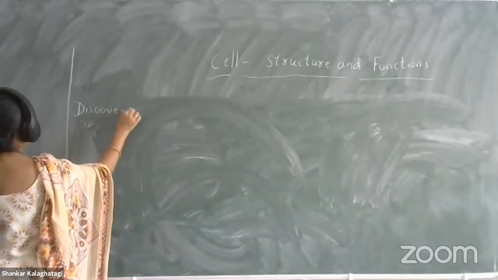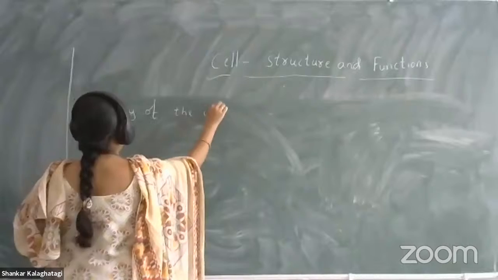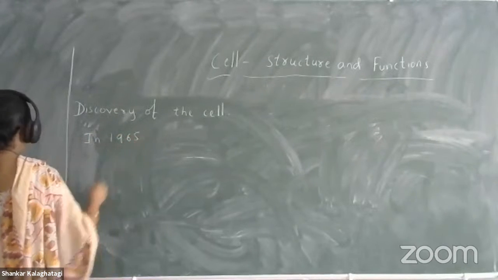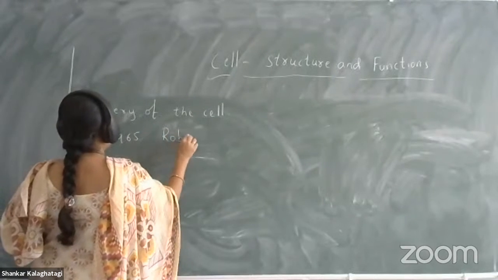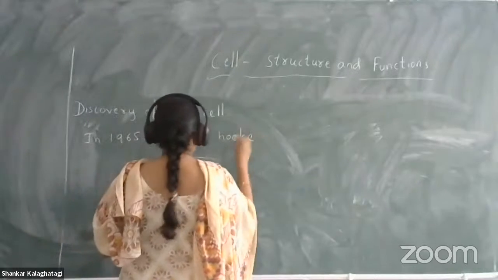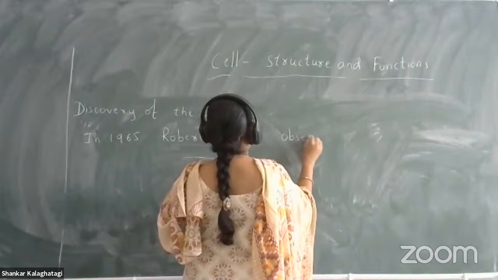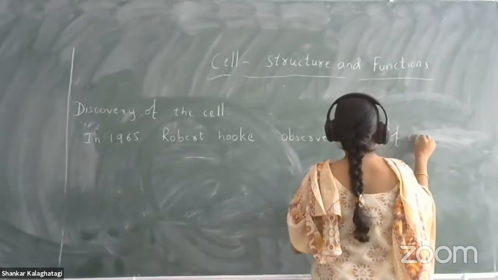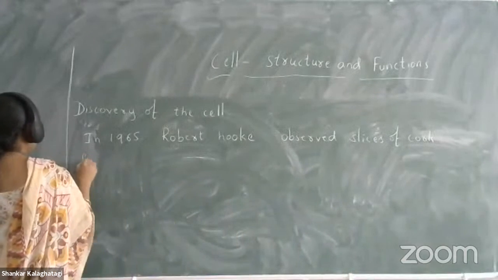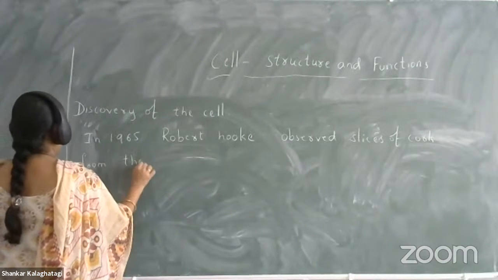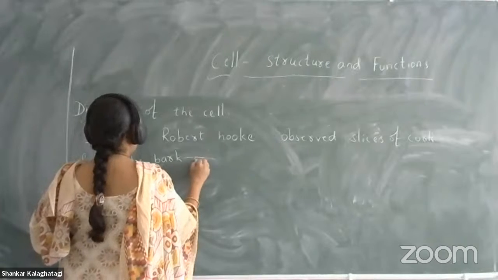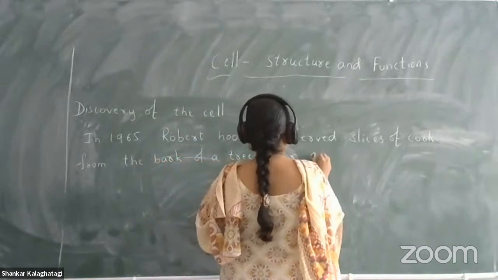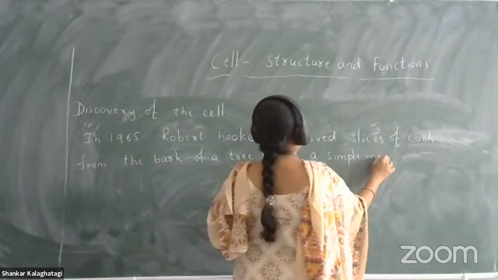Discovery of the cell. In 1665, Robert Hooke observed slices of cork from the bark of a tree under a simple magnifying glass.